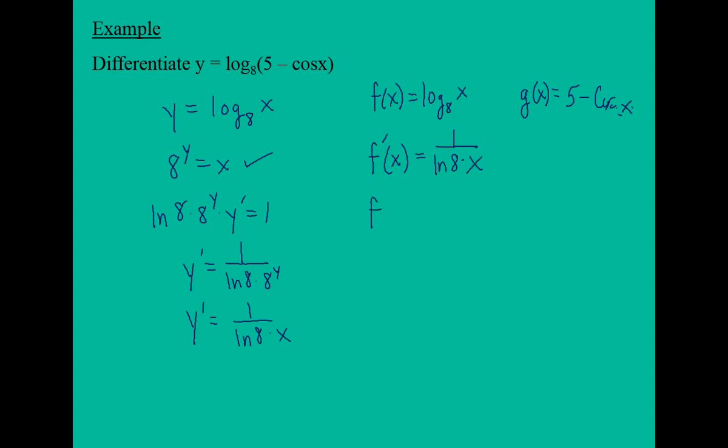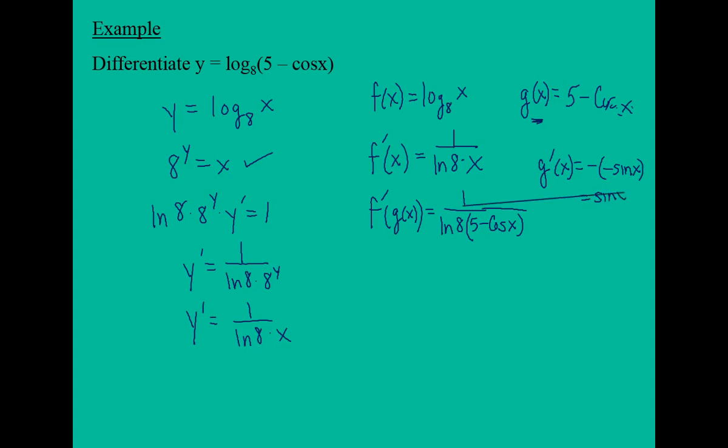and then f prime of g of x will replace x with, this is g of x here, so we're going to replace x with 5 minus cosine x, and then g prime of x, derivative of 5 goes to 0, derivative of cosine of x is negative sine, so we'd have a negative sine, which is positive sine x.